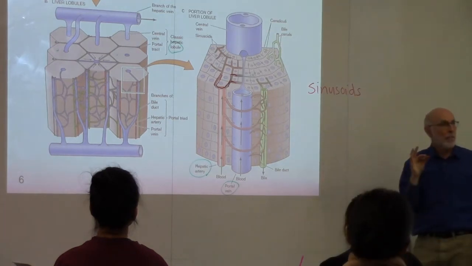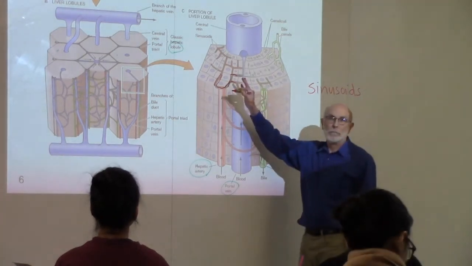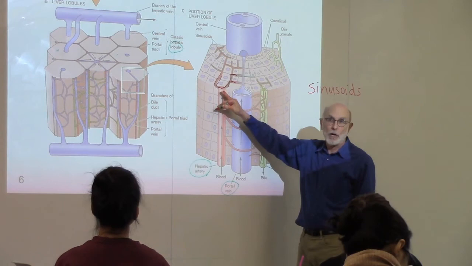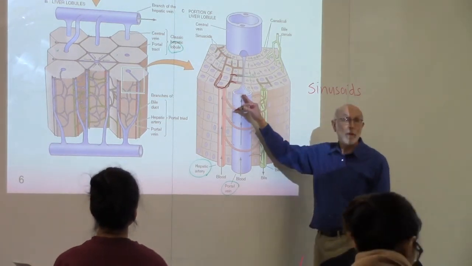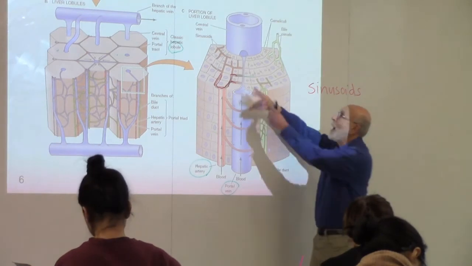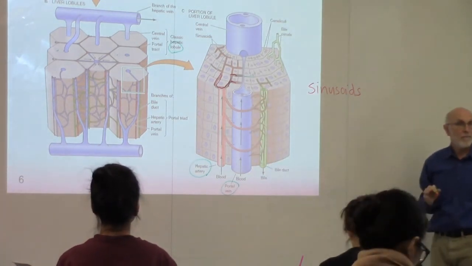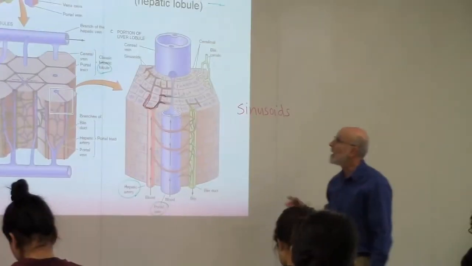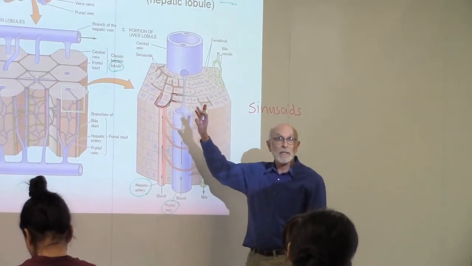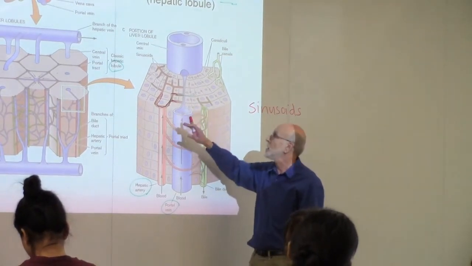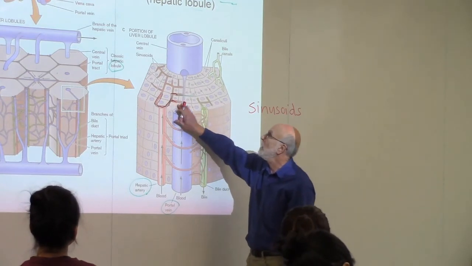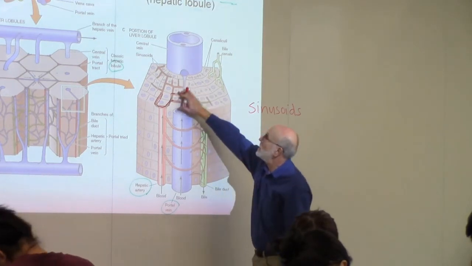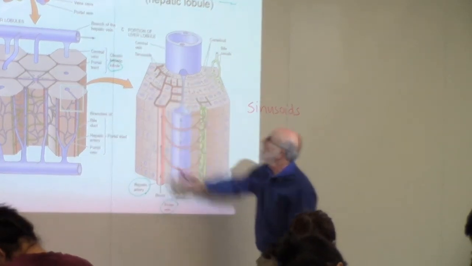The sinusoids are these microscopic spaces that the blood flows through, from the artery and from the branches of the portal vein, around the hepatocytes. So the hepatocytes are literally bathed in these tiny microscopic spaces that are filled with both arterial and venous blood. And at certain points, it's a mixture of arterial and venous blood.